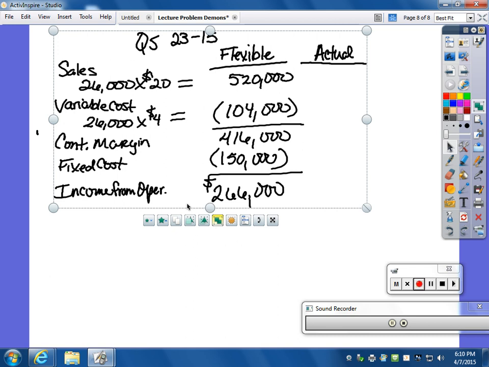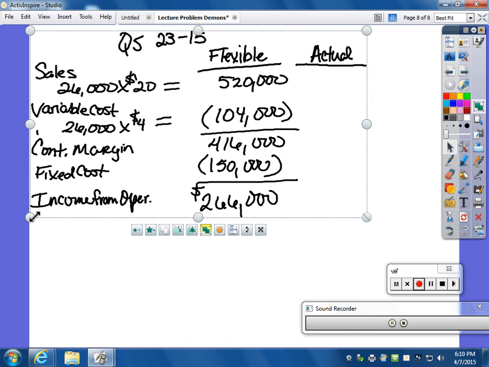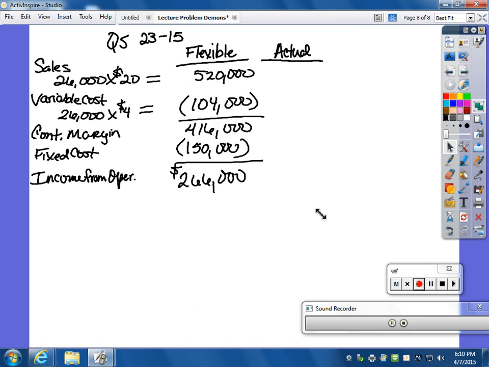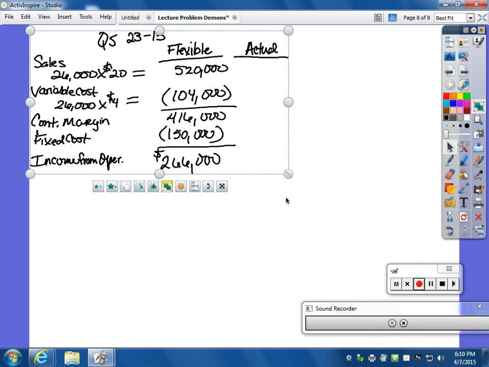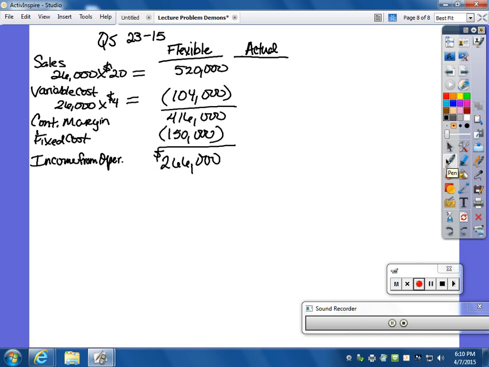Need some room. All right. Actual and then difference for variance.